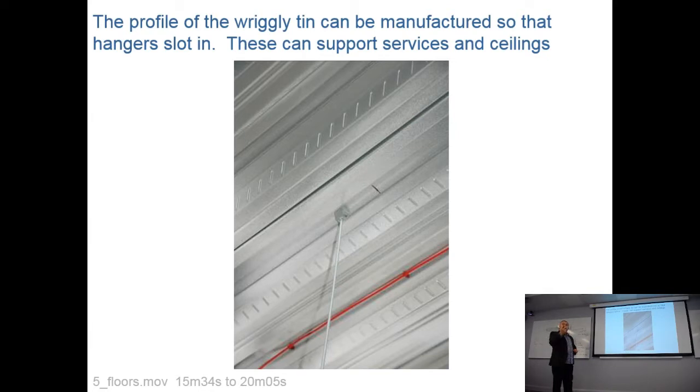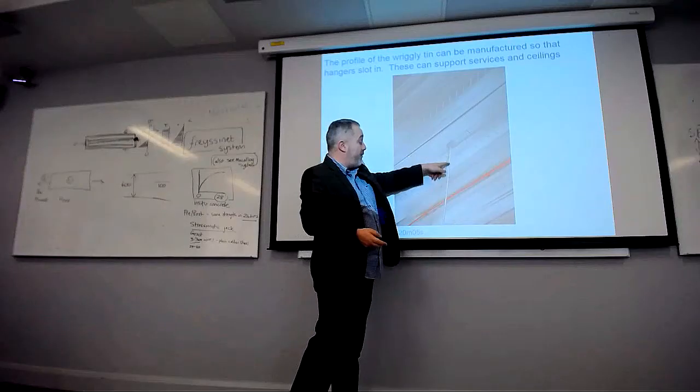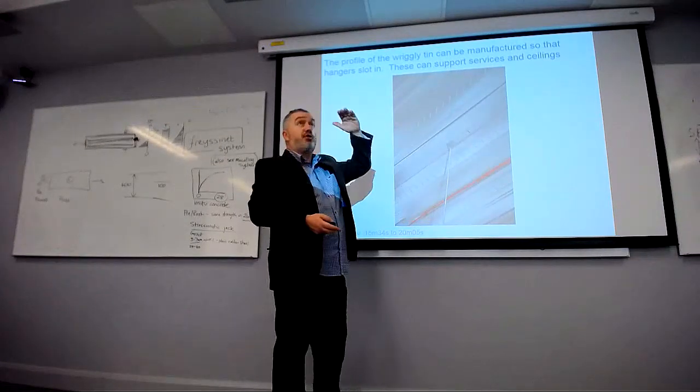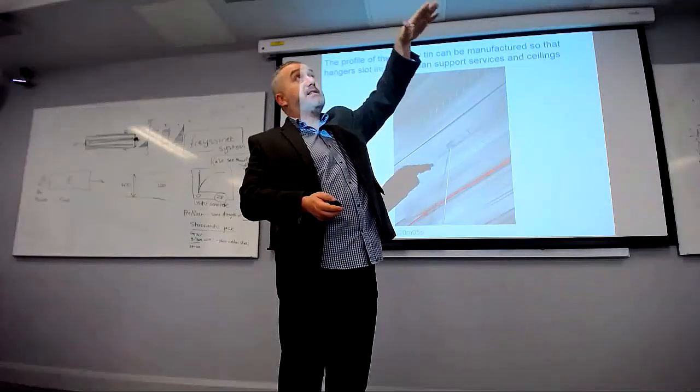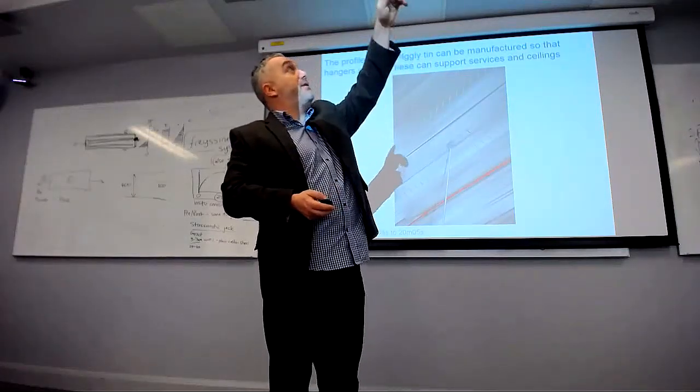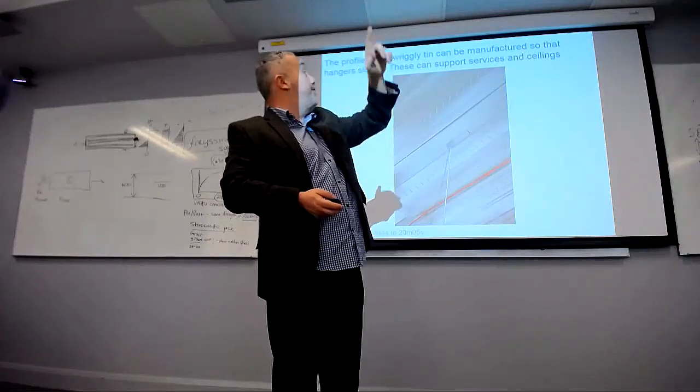Nice thing about wriggly tin is that underneath you've got these wires that you can attach your false ceiling to. So this ceiling is just holding up these lights, and these have been drilled into the concrete floor.